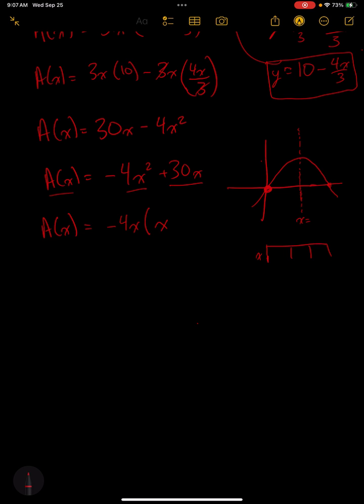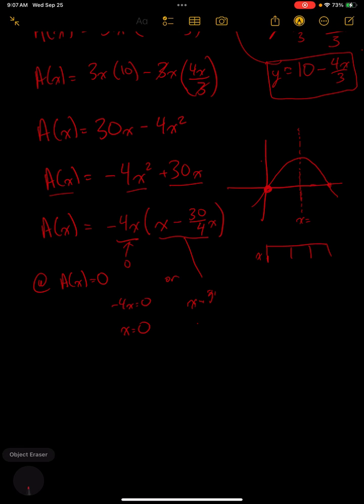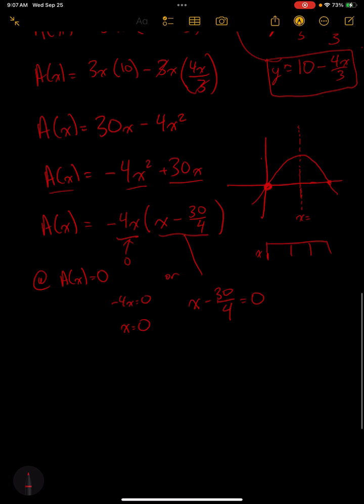We get x minus 30 over 4. So at the zeros, when the area equals 0, minus 4x equals 0, which means x equals 0, or x minus 30 over 4 is equal to 0.